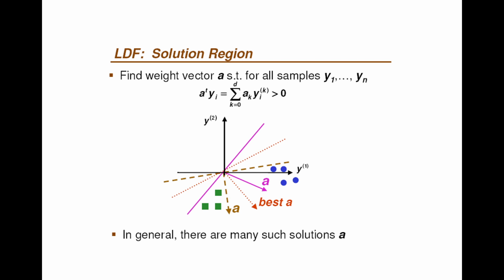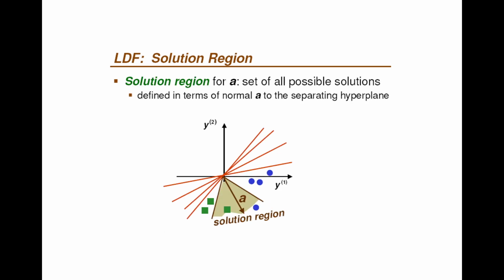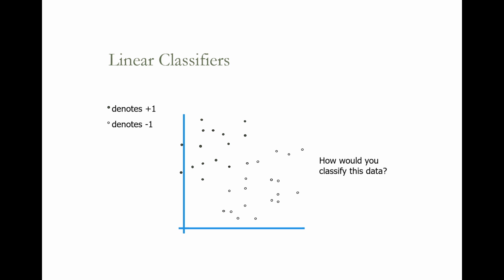Is it clear? The solution region is highlighted over here, and this will be the best solution I can get where the training error will be 0.